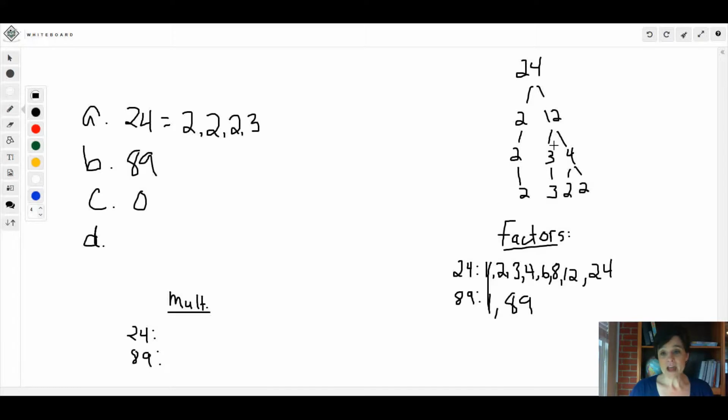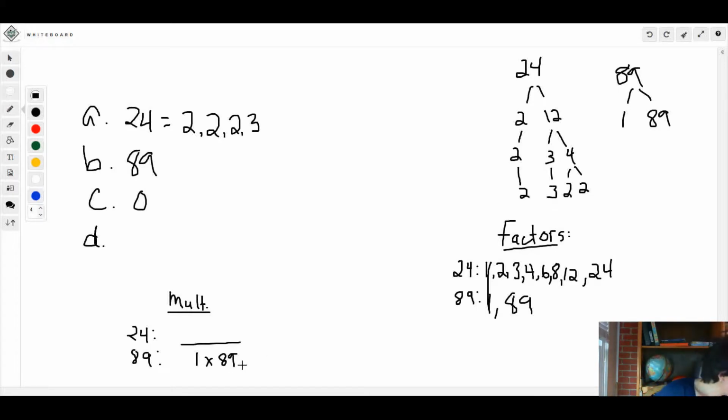Let's do their prime factors. Now we know that 89, the prime factors, because it's already prime, is just 1 and 89. Okay, so let's do this. 1 times 89. Okay, 1 and 89. All right, so the prime factors for 24 are 3 2s.